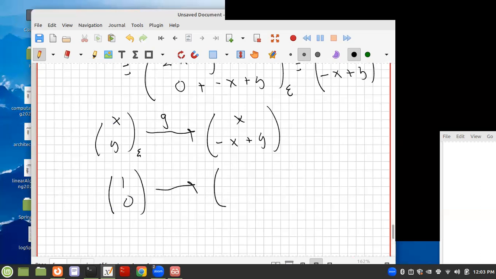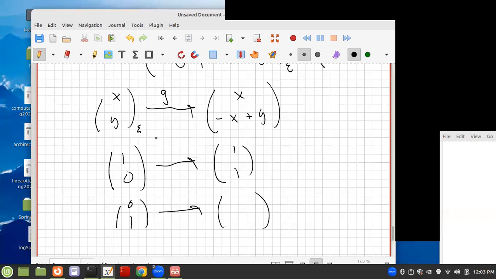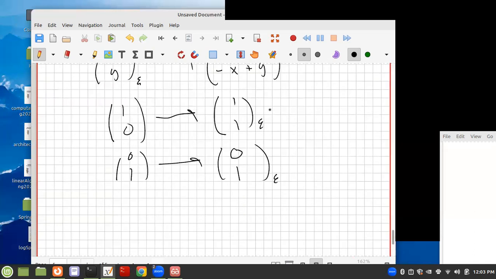Well, that goes to 1, 1. And what's 0, 1? That goes to 0, 1, right? Okay, but this is in the standard basis, so these aren't the columns of the matrix. We'd have to expand this in terms of basis B, and this one.